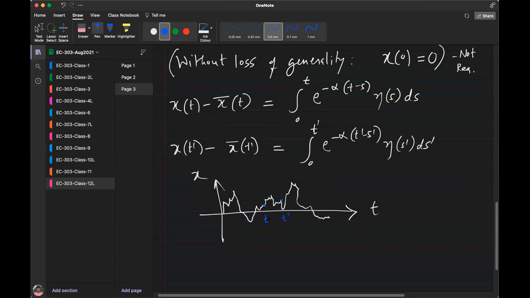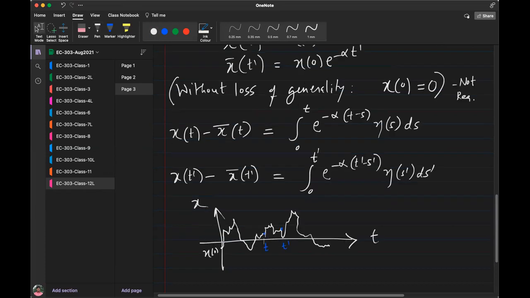We are basically trying to ask, given that there was some x0 here, it doesn't have to be zero as we just found out. We began with some x0 and it's evolving over time. We have figured out that the long-term average of this trajectory is basically 0. It's going around 0.